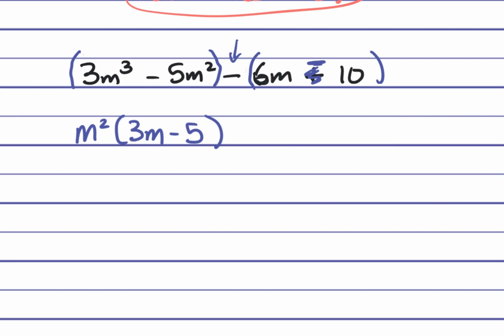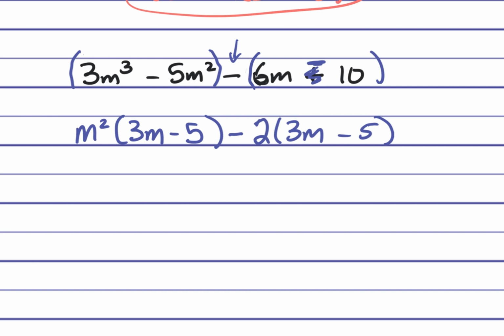So now you put your common factor for 6 and 10, which is 2. 6m divided by 2 is 3m. Negative 10 divided by 2 is negative 5. So it all works.